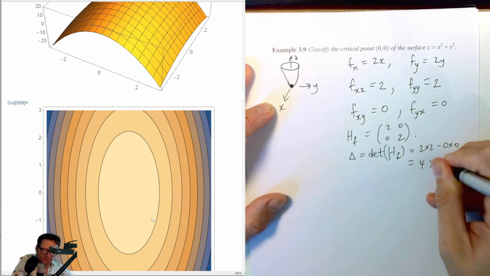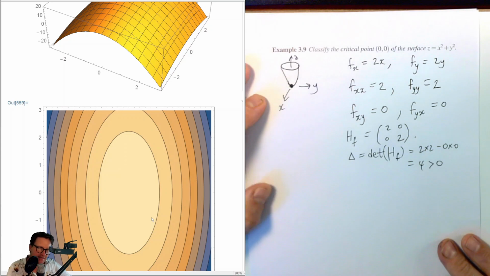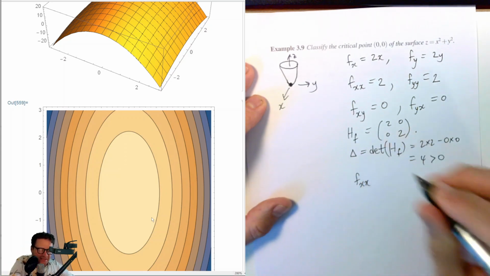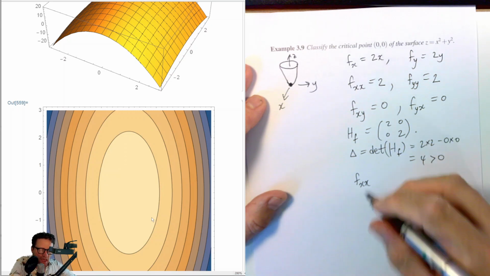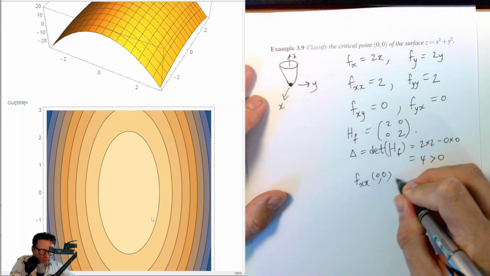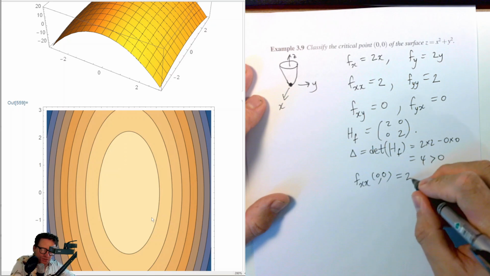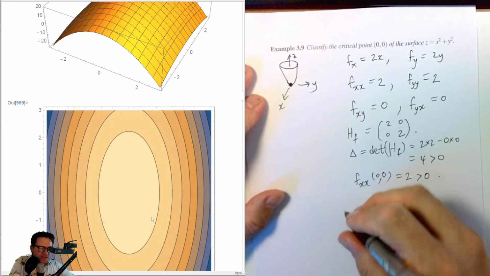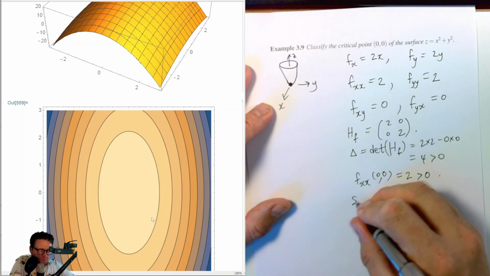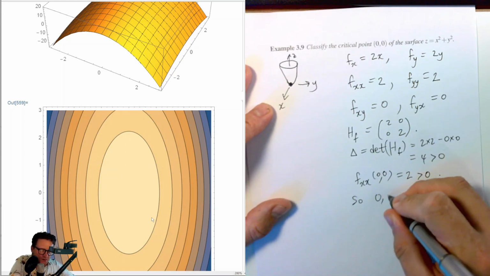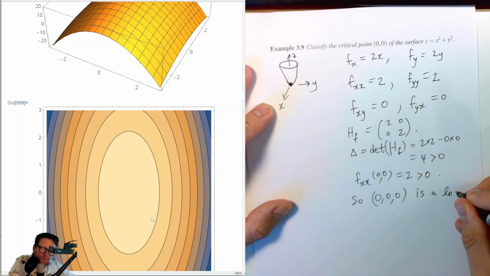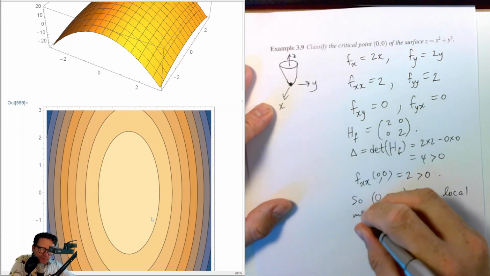So we've got 4, and that's positive. All right, and so now what we need to do is look at the sign of f_xx at (0, 0). That is equal to 2, which is positive. So the previous page tells us that the point (0, 0, 0) is a local minimum.